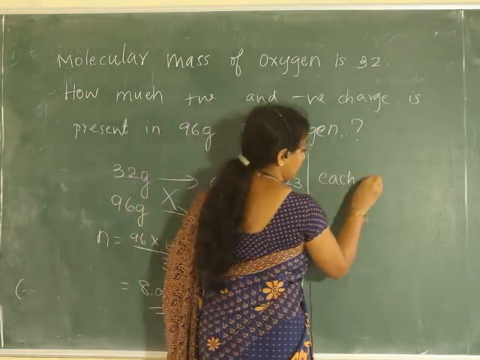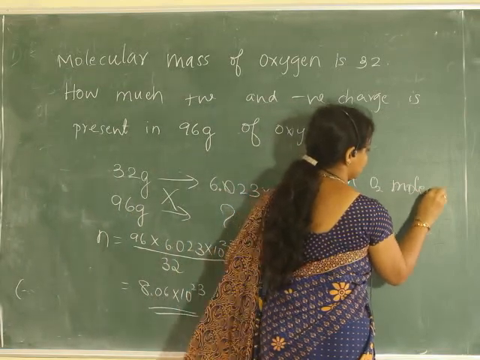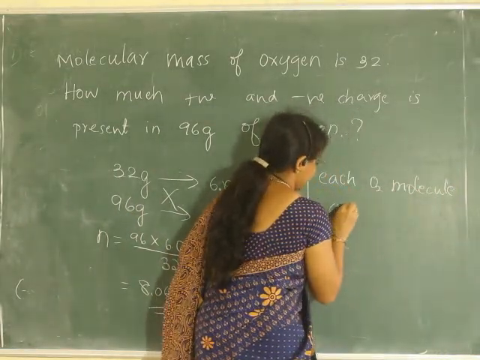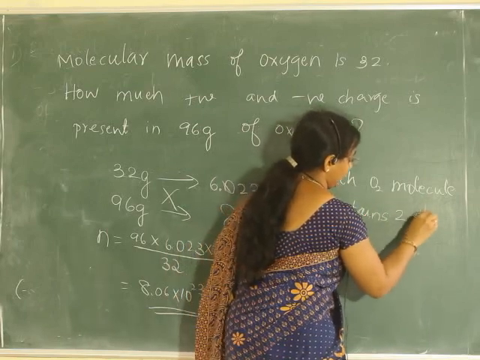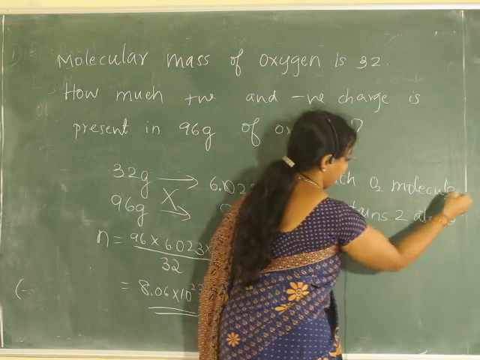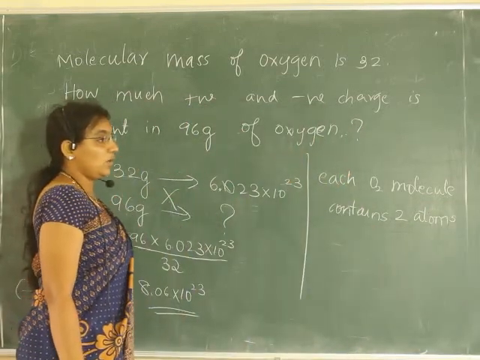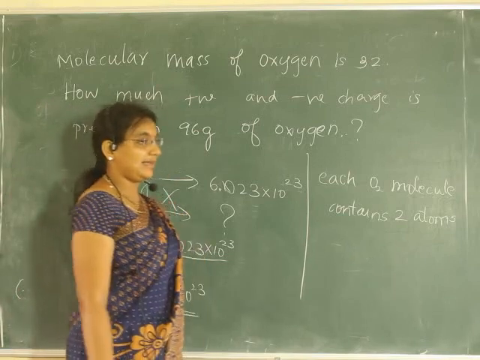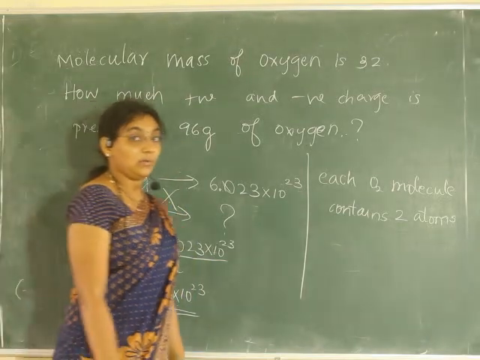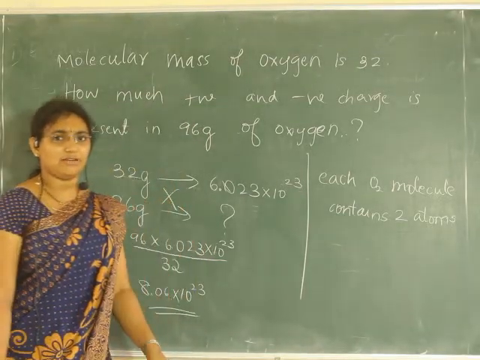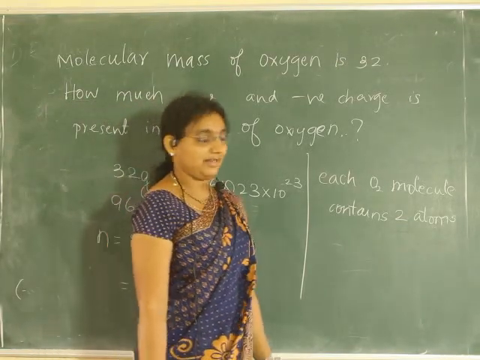Each oxygen molecule contains 2 atoms. One atom contains 8 protons and 8 electrons, because the number of protons is equal to the number of electrons.